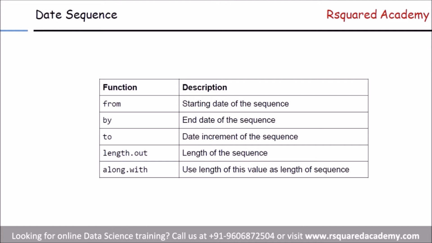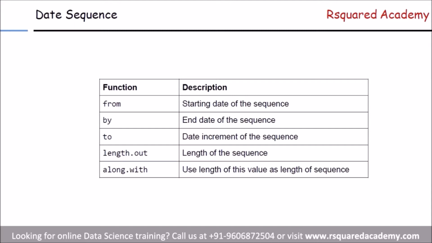The integer will specify the multiple of the units mentioned, and using the sign, plus or minus, we can specify whether to increment or decrement. So you can go from January to December of a particular year, or you can decrement by going from December to January of the same year. It depends on how you want to create the sequence of dates.